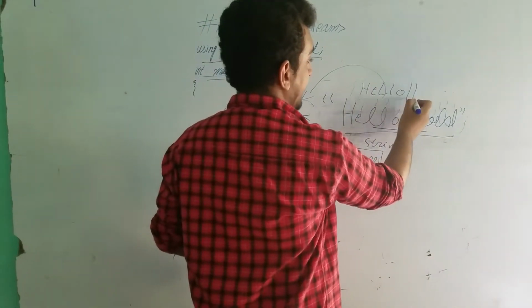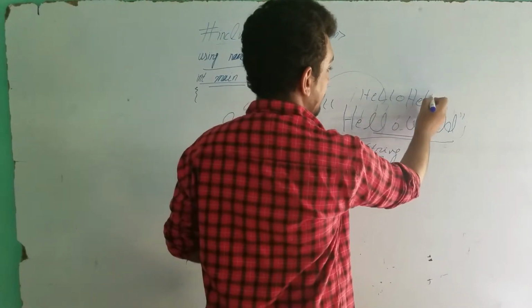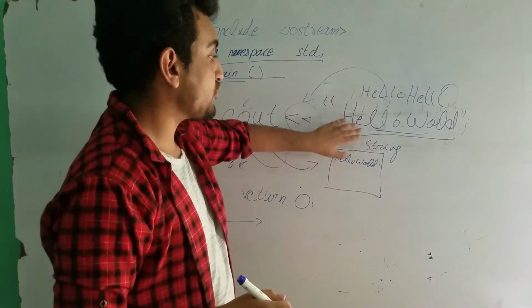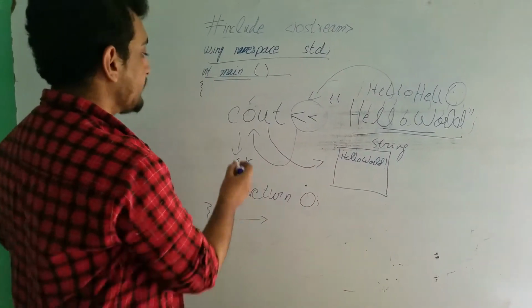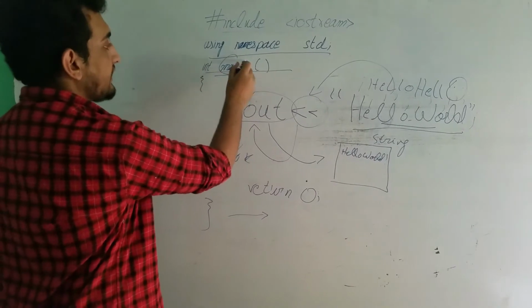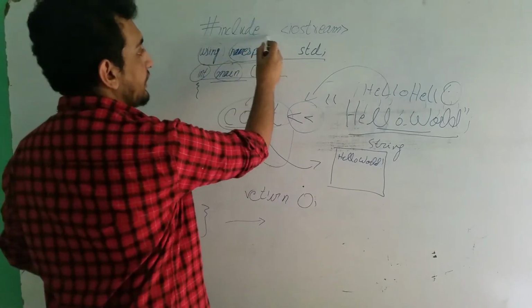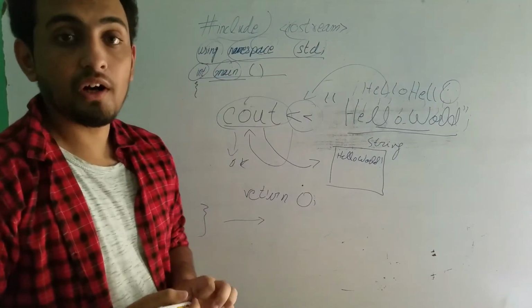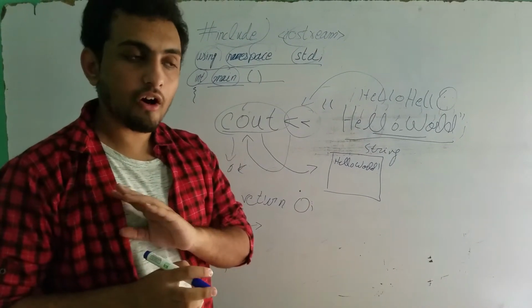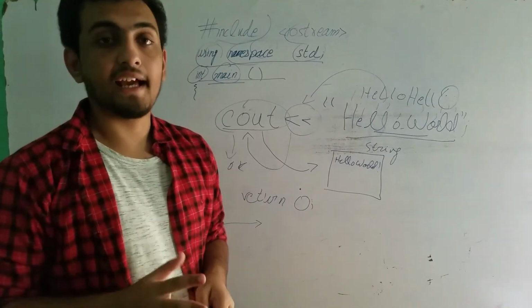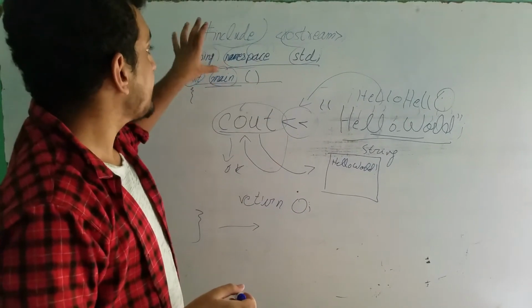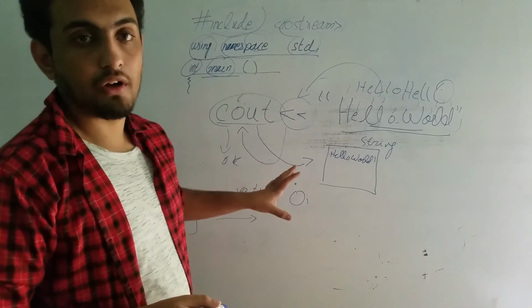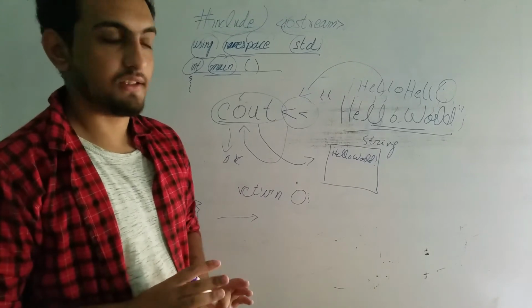We can write like this. So it doesn't matter what you write in the string, but all the keywords, these things right here, are the keywords. These keywords are predefined. We cannot use these keywords for anything else. So these keywords should be written like this in lowercase. You can't use uppercase in this.